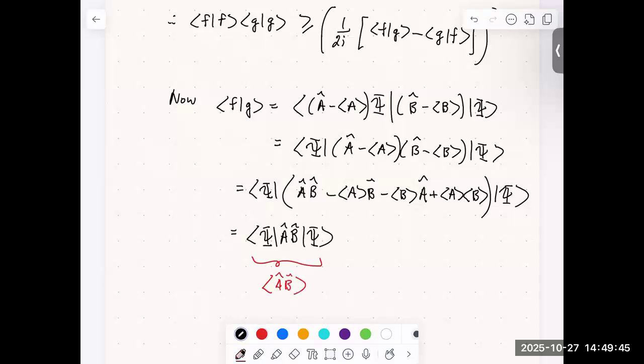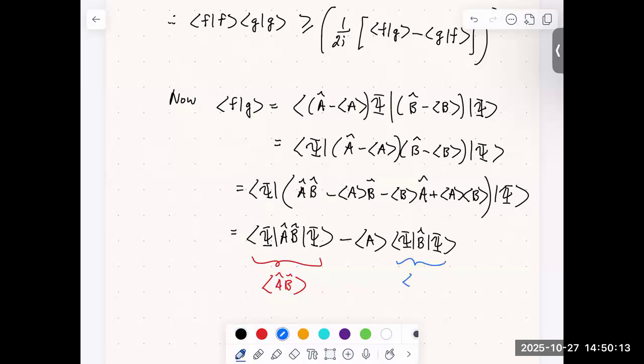All right, and then we have minus <A> is just a number. So when we evaluate this inner product or expectation value, it's an integral. A is a constant, it comes outside the integral. So then we have <psi|B hat|psi>.